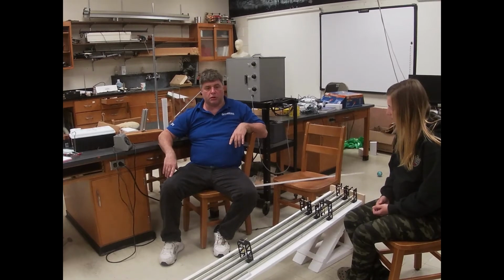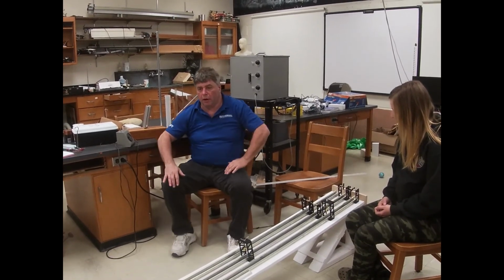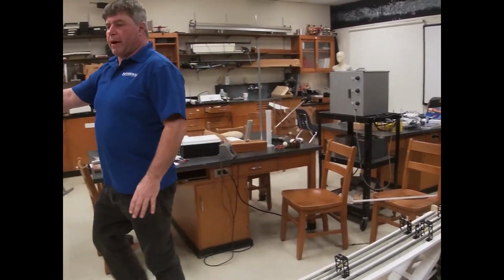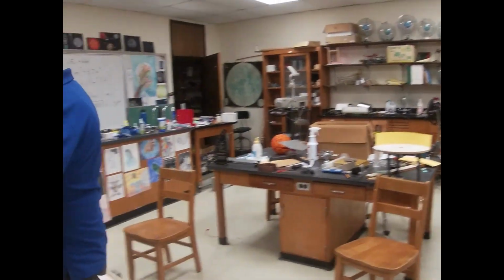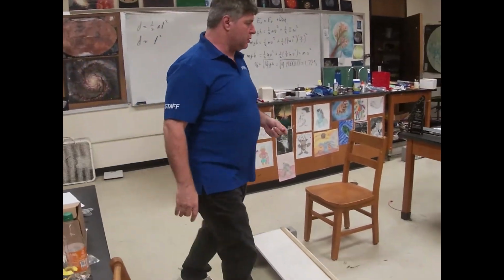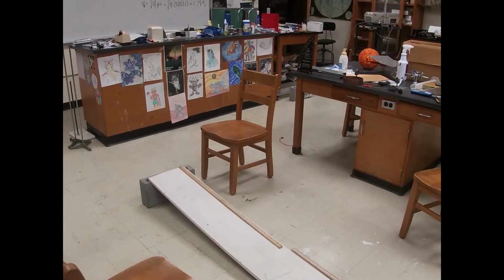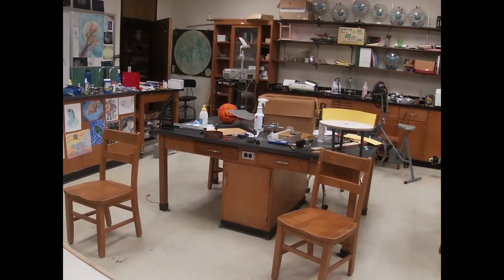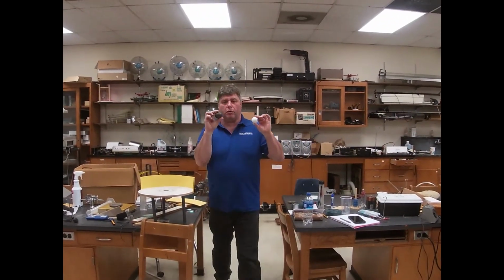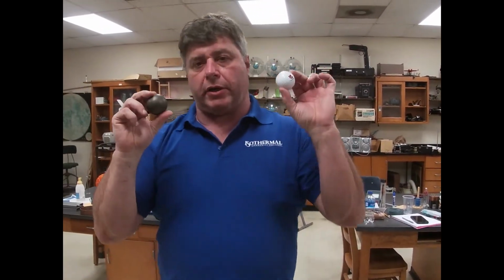Now, I promised you guys that we would do one more thing, and we'll come back to my original ramp here. Jennifer, of course, had no idea that I was going to do this to her, but here I have 2 radically different balls. One is a steel ball, and one is a golf ball.